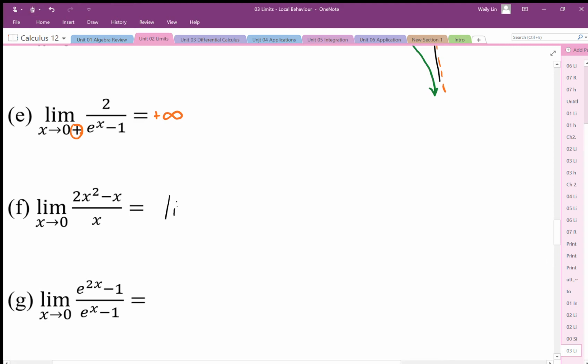So this becomes the limit as x approaches 0, and we can cancel out those x's, so we end up with 2x minus 1. And as x approaches 0, we can evaluate the y value at negative 1. So this graph is actually a linear equation, and we have a hole at negative 1.